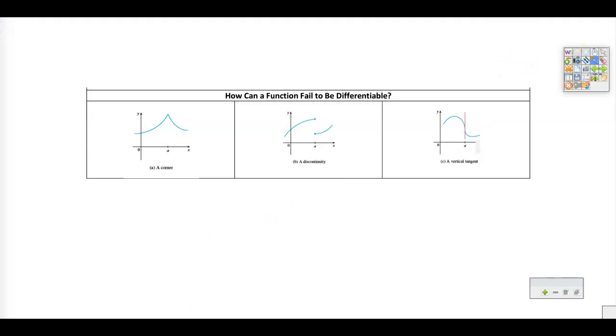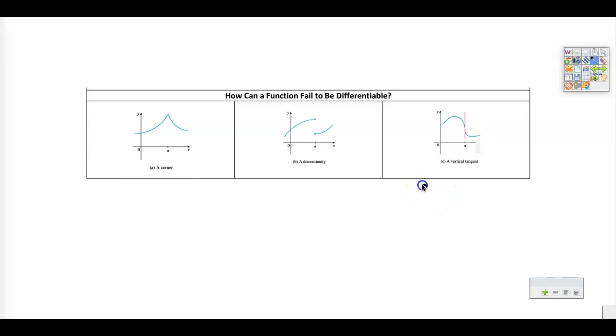Illustrating this graphically: if a function has a corner, then it will not be differentiable at a. If a function has a discontinuity, then it will not be differentiable at a. And also, if the function has a vertical tangent, then it will not be differentiable at a.